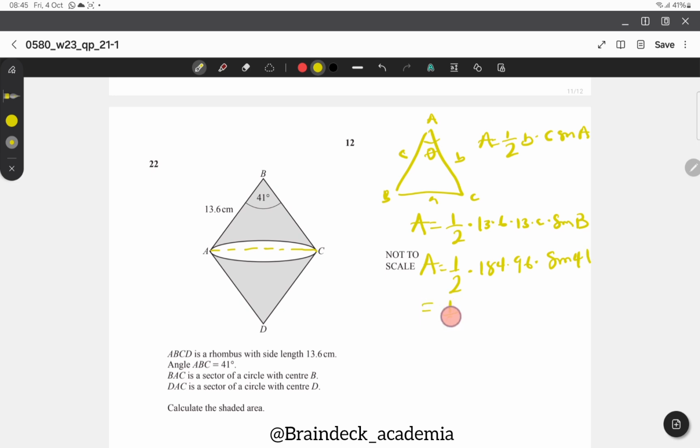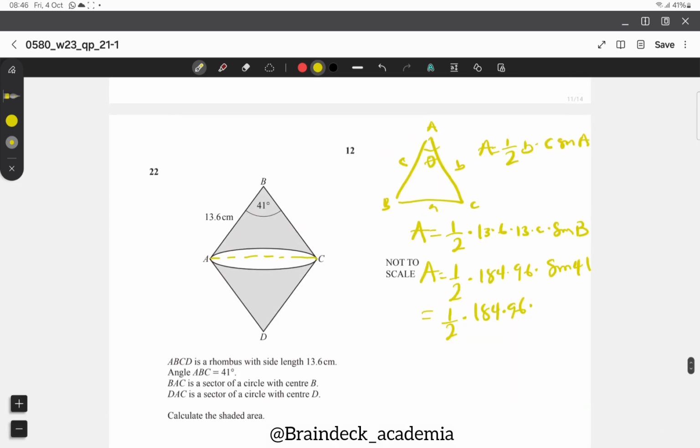So we have 1 over 2 times 184.96 times sine 41. Sine 41 is 0.6561.